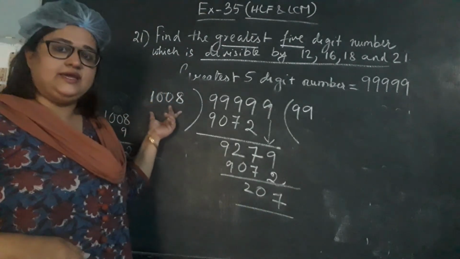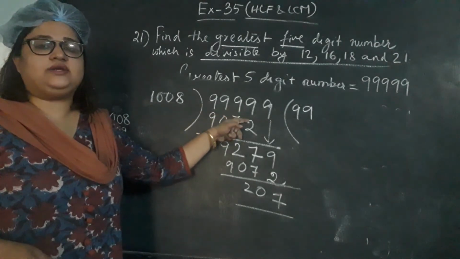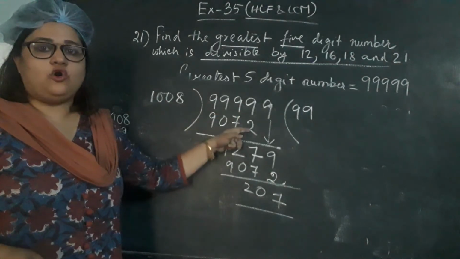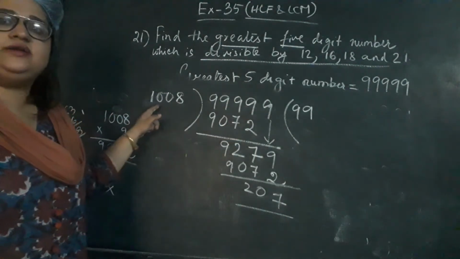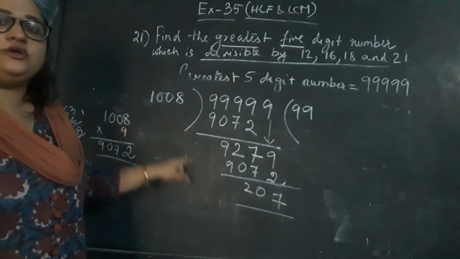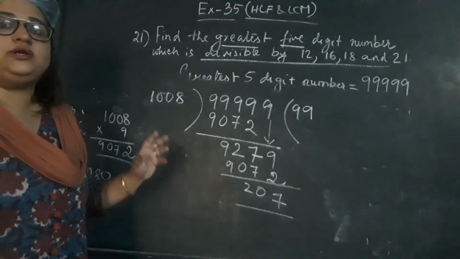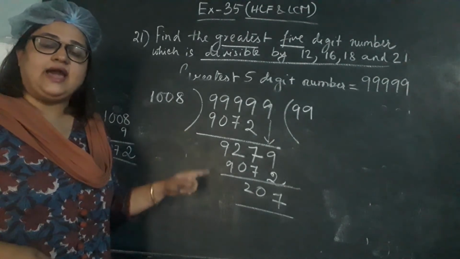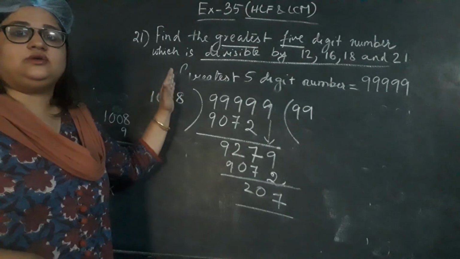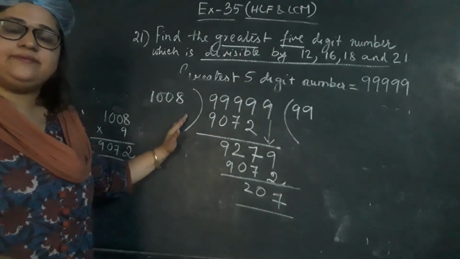Now what does it mean? That 1008 does not exactly divide this greatest 5-digit number, or this greatest 5-digit number cannot be divided by 1008 because it leaves a remainder. But we have to find the greatest 5-digit number that can be divided with all the set of numbers or with its LCM.